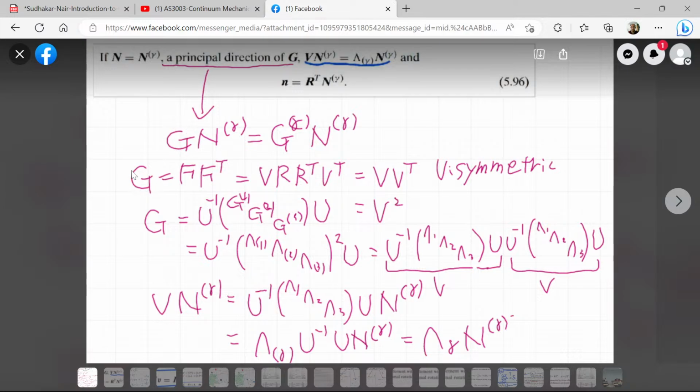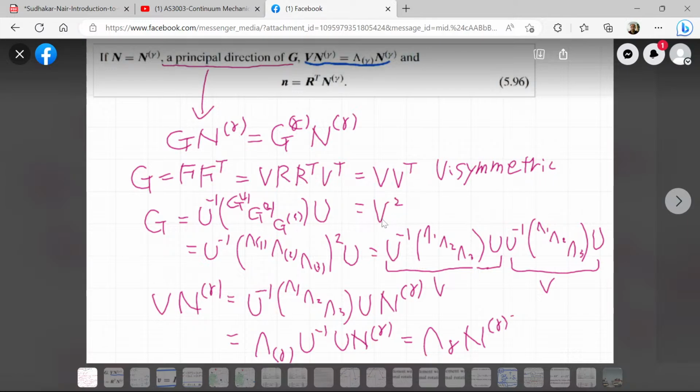And this G matrix is given by F times F transpose, which, using polar decomposition, is VR times R transpose V transpose, which goes like VV transpose, and the V matrix here is actually a symmetric matrix.